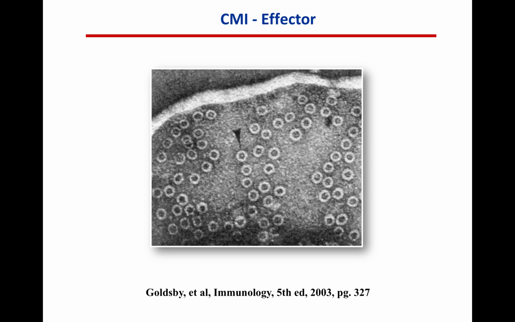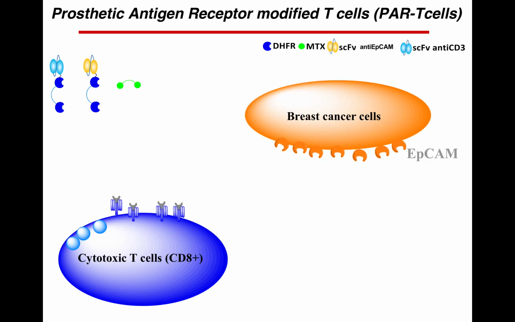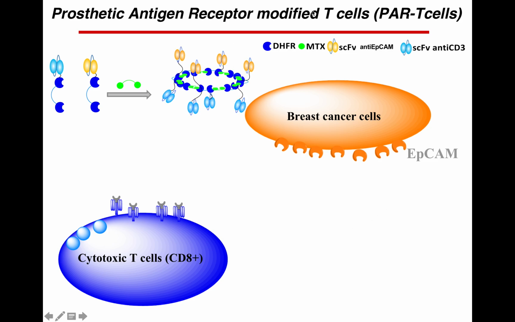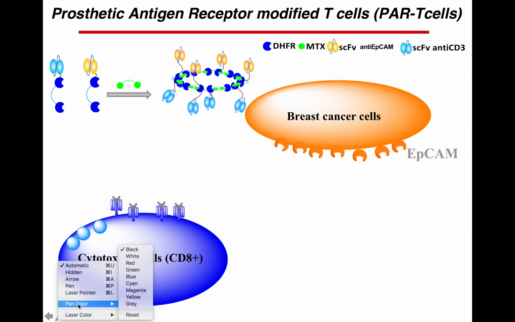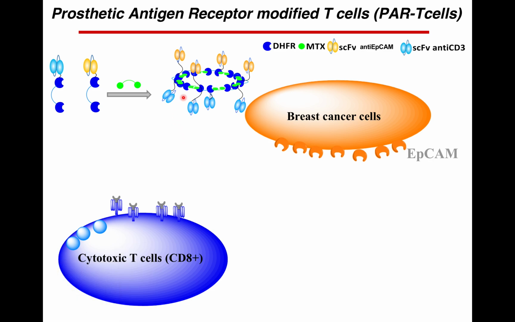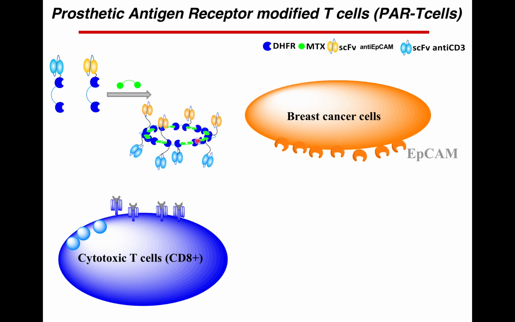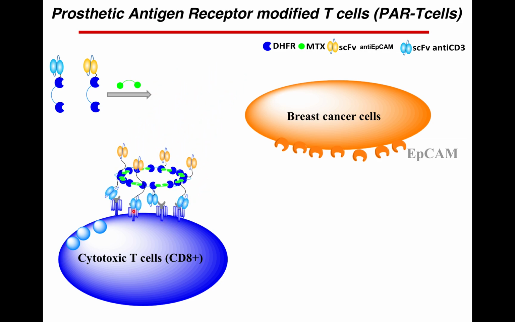Now, I thought I'd show you that in our laboratory, we have developed a new technology that we call prosthetic antigen receptors, which we use to modify cells. Essentially, there are these nanorings that can associate with the CD3 on T cells, and they stick because they have high valency.